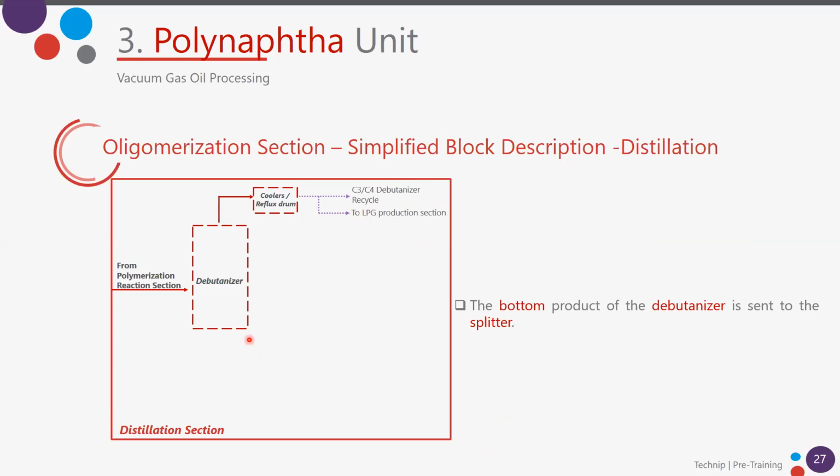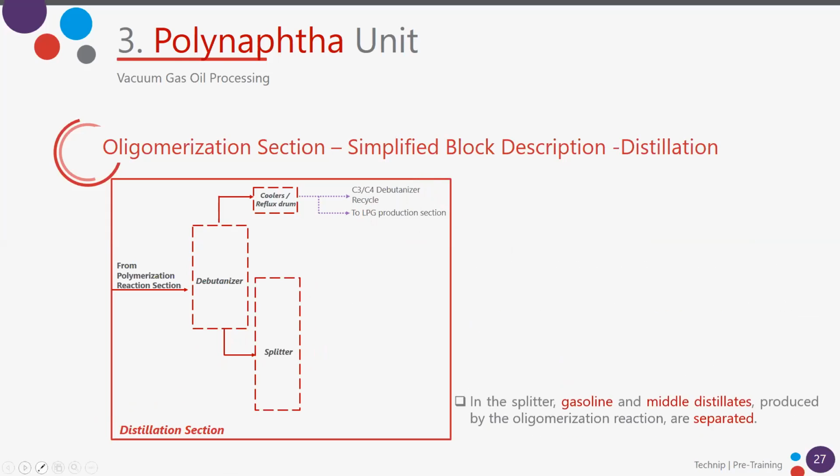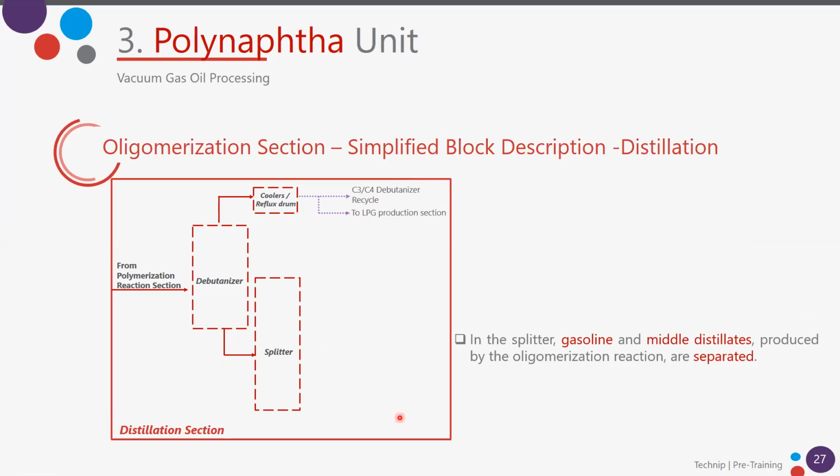The bottom of the debutanizer we will send to the splitter. We have here our main products, where we will have heavier and lighter, so we'll have to go to a splitter. In the splitter, the gasoline and middle distillates produced by the oligomerization reaction are separated.